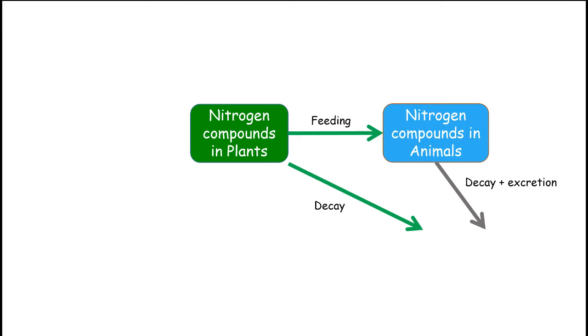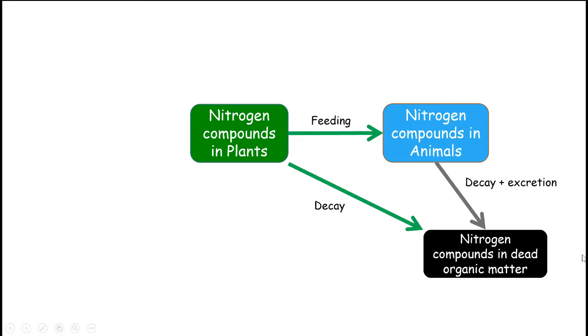Now, like in the carbon cycle, the plants can die and decay, and the animals can die, decay, and produce waste. So we get nitrogen compounds in dead organic matter. Now again, that's amino acids and proteins. The dead organic matter gets broken down by decomposers in the process of decomposition, and we get ammonia.